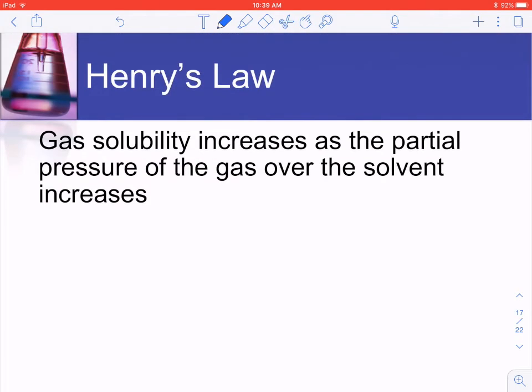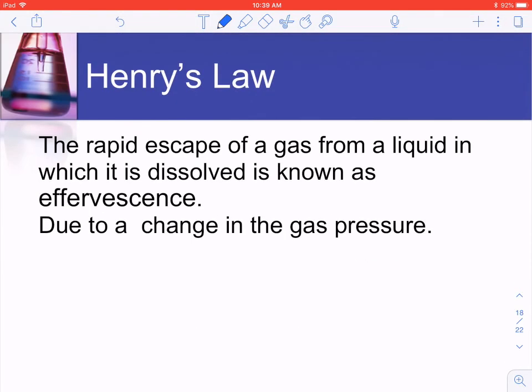And that is a result of Henry's law, which states that if you increase the partial pressure, then the amount of the gas molecules going into the solvent increases. So basically, if the pressure goes up, the solubility of those gases in the liquid will also increase.